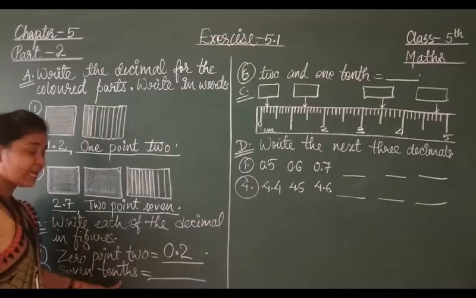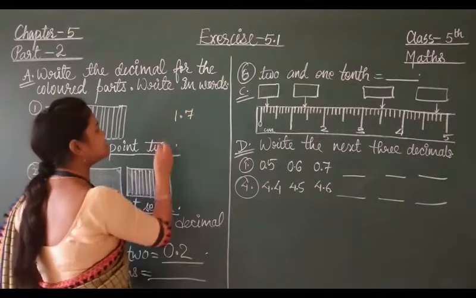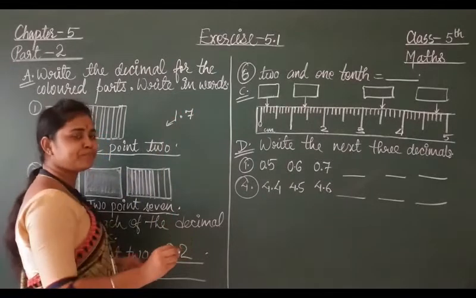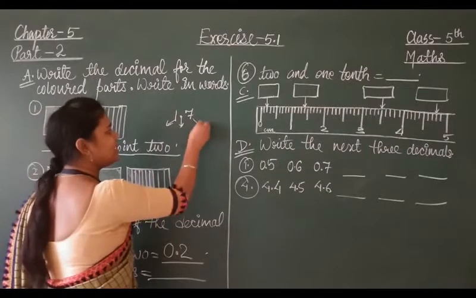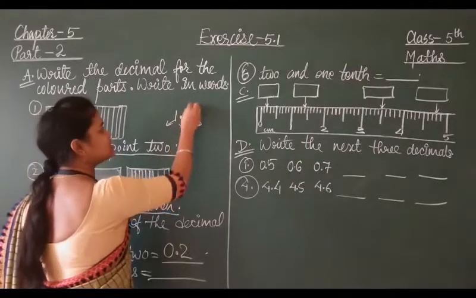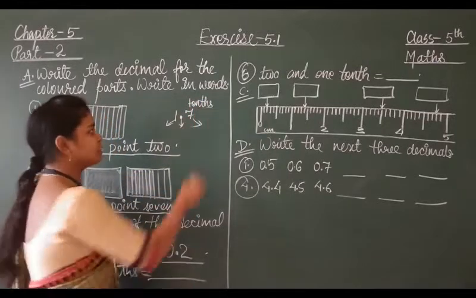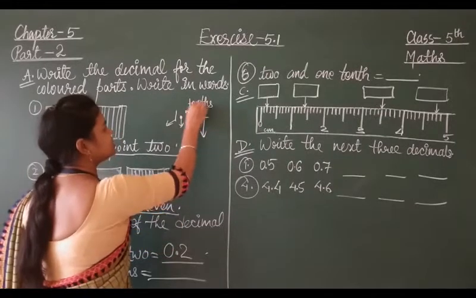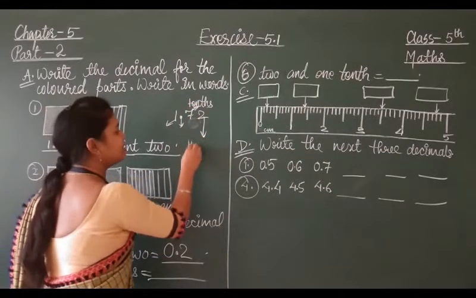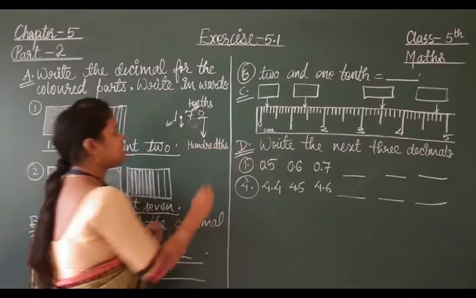Now 7 tenths. As I told you students, for example 1.7 is there, means 1 is the whole number part, this is the decimal part, and 7 after the decimal is in the tenths place. If I am writing 2 here, this is the tenths place, this will be the hundredths place, and so on.